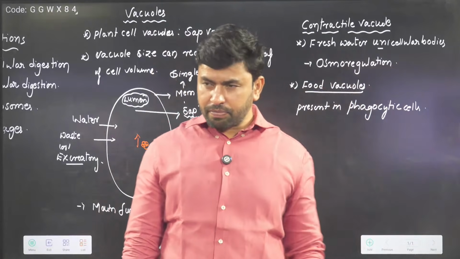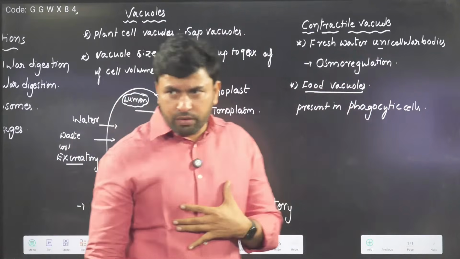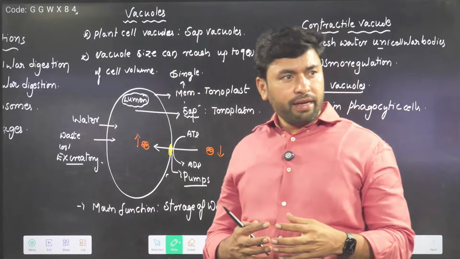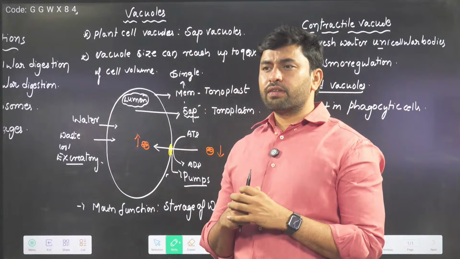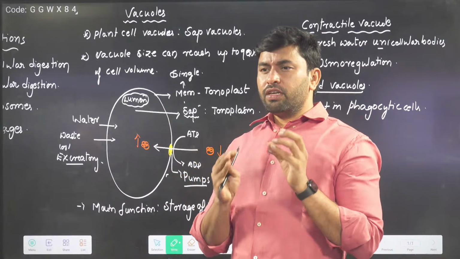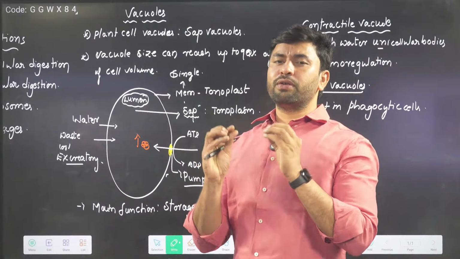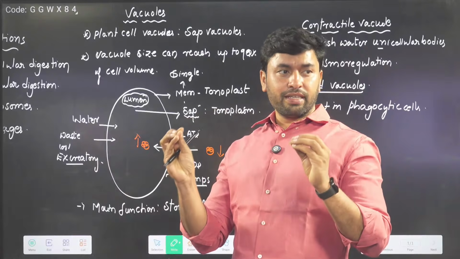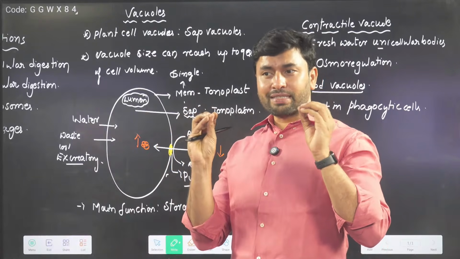If anybody asks, does the plant cell vacuole, the sap vacuole you mentioned, store food? Come on. Does the plant cell vacuole store food? Of course not. Never. In the plant cell, for the sake of storage of food, there are specialized granules called plastids.